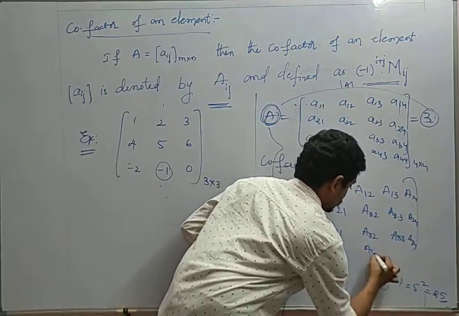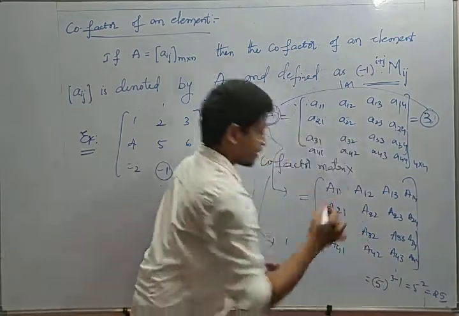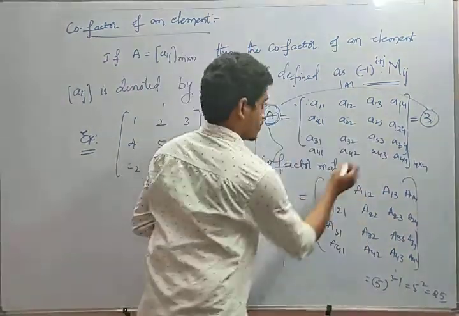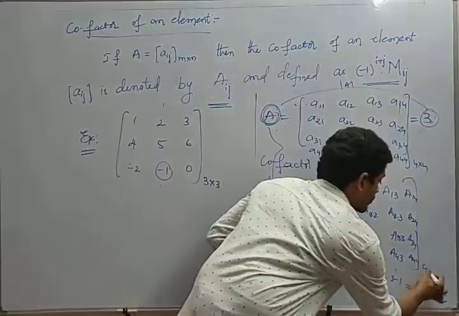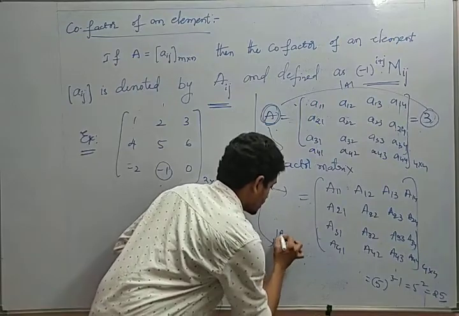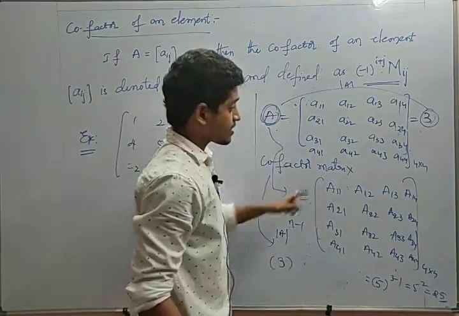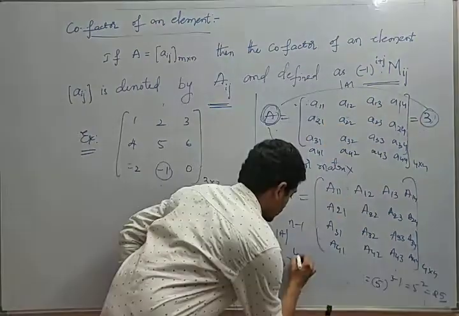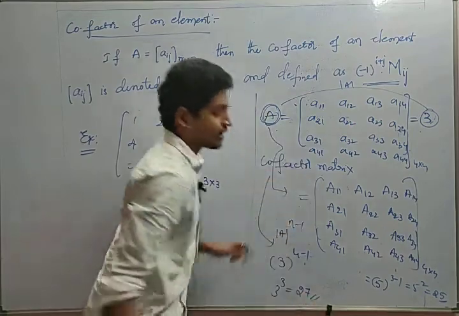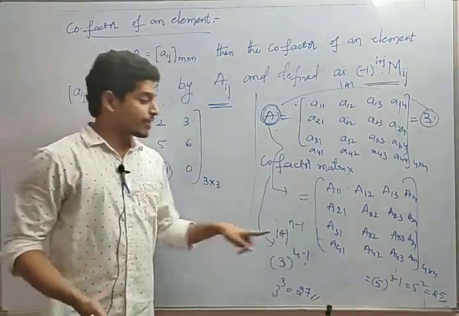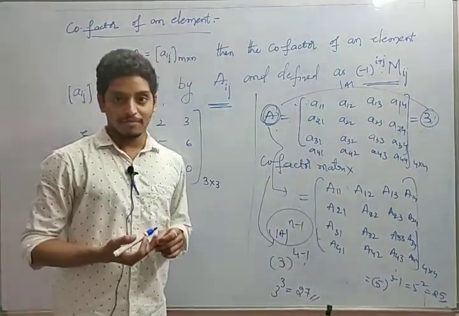Now what is the determinant of this cofactor matrix of 4 by 4 order? Tell me, the formula is det A power n minus 1, right? What is the det? 3. 3 power, what is the order of this matrix? 4. 4 minus 1, that is nothing but 3 cube. 3 3 is 9, 3 is 27 is the determinant. In this way we will calculate. Remember friends, the cofactor matrix determinant is nothing but det A power n minus 1. Okay?